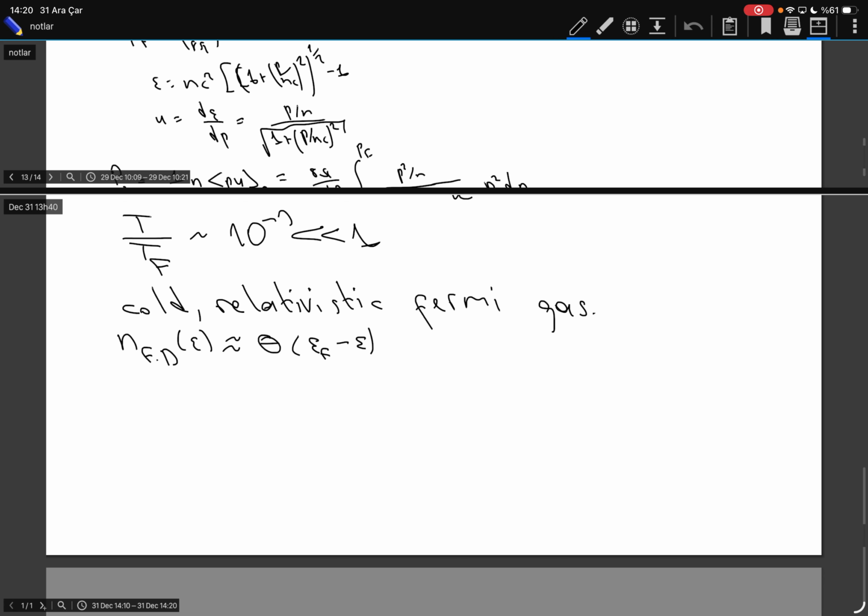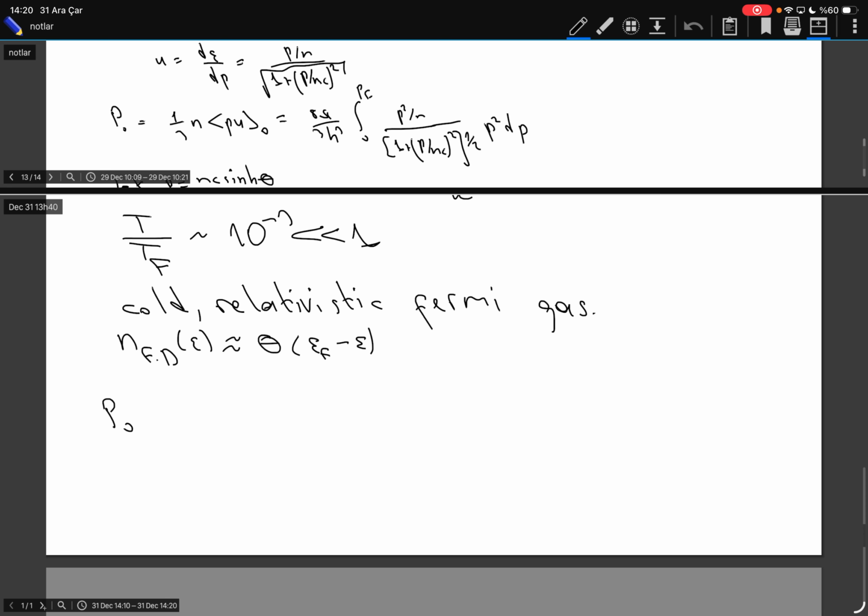Now, what is the pressure? If you remember, we had looked at the motion of the particles with an arbitrary distribution before.